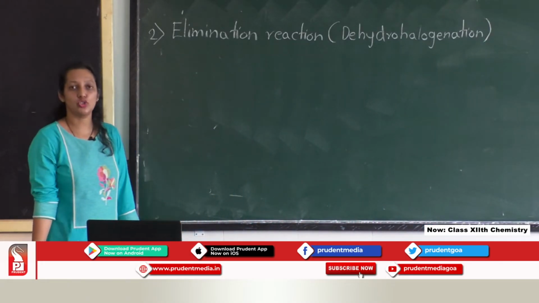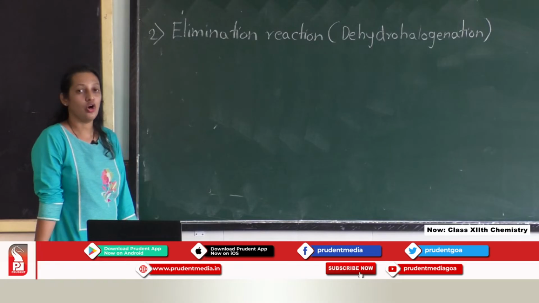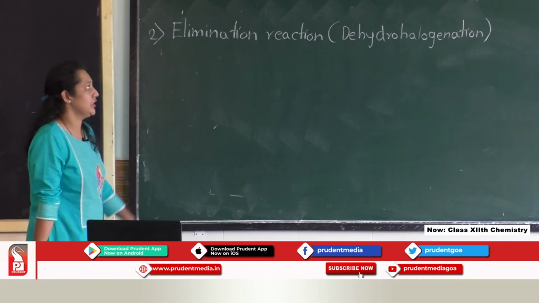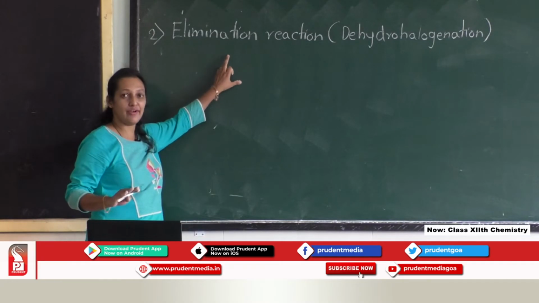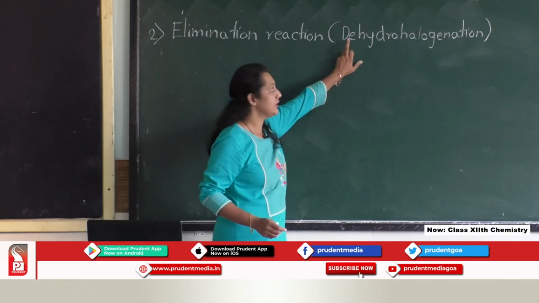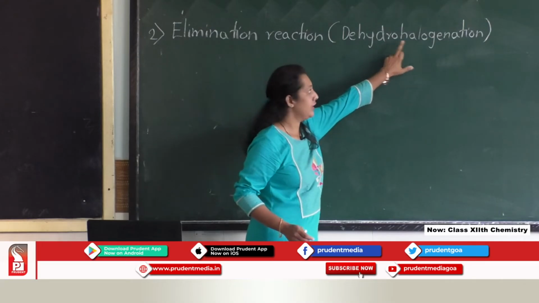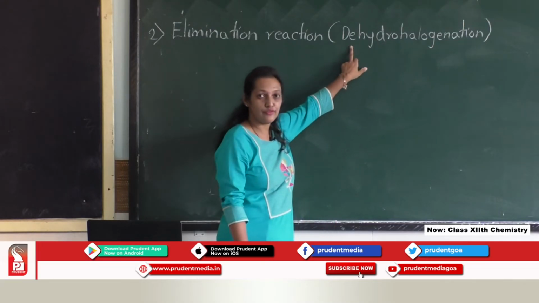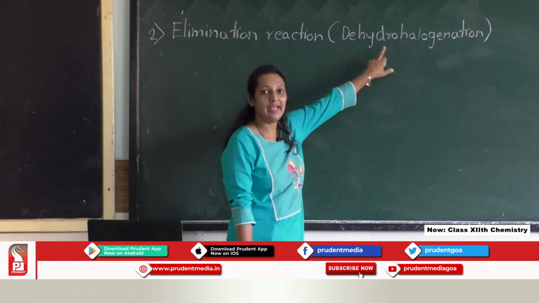Elimination reaction is also known as beta elimination or dehydrohalogenation. Elimination, that means we have to remove something. Now, what are we supposed to remove? De means removal, hydro, halogen. So, that means we have to remove hydrogen and halogen.